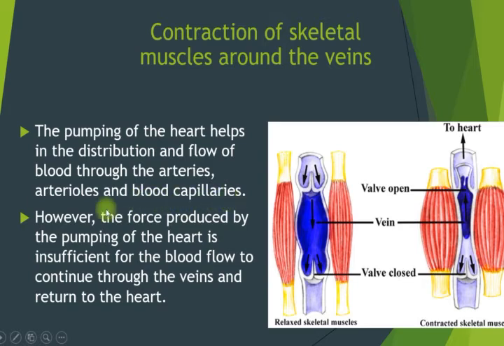However, the force produced by the pumping of the heart is insufficient for the blood flow to continue through the veins and return to the heart. The force from the pumping of the heart is not enough for the blood flow.